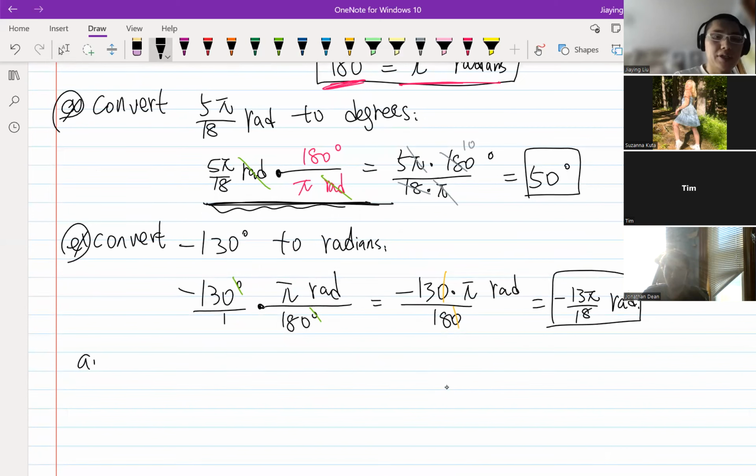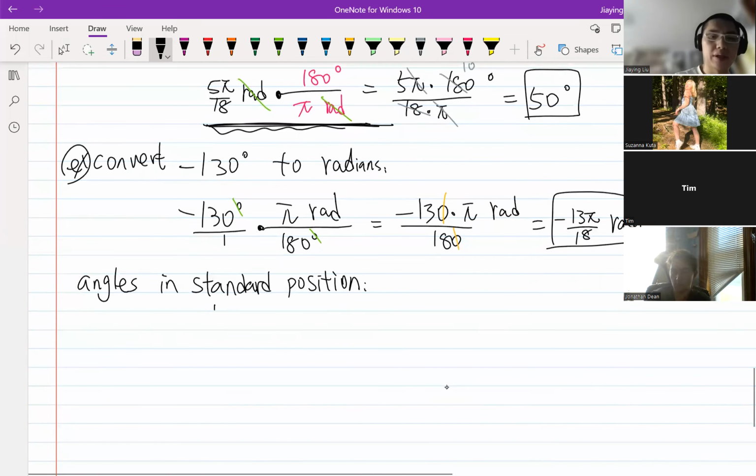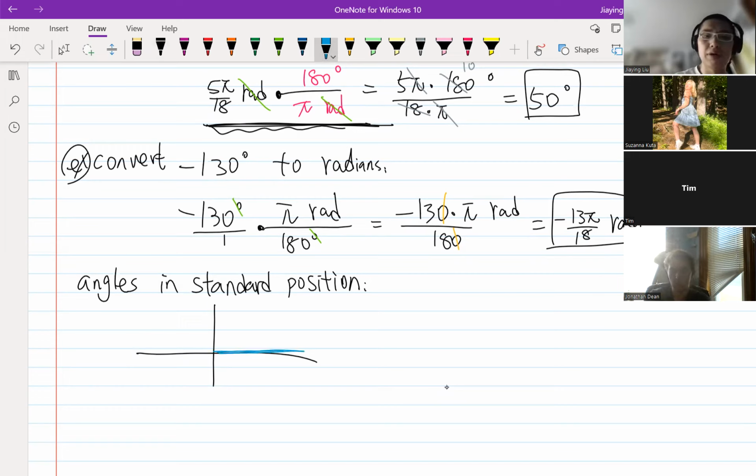Now, angles in standard form. Standard position angles are usually measured from the positive x-axis. So in the standard position, the angle will be drawn with one terminal side on the positive x-axis, and it's going to go counterclockwise to a second terminal side.